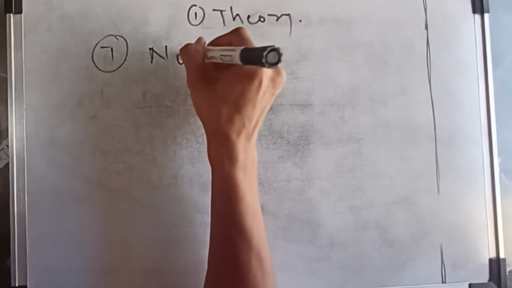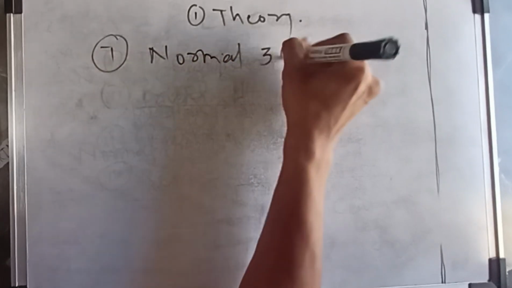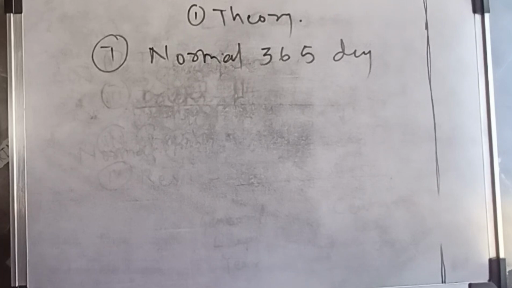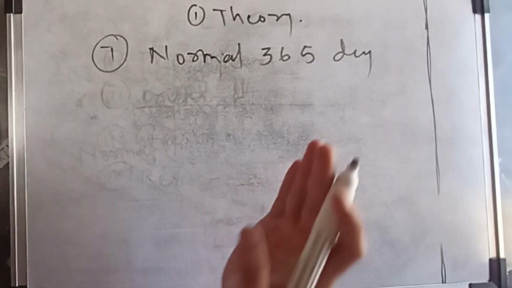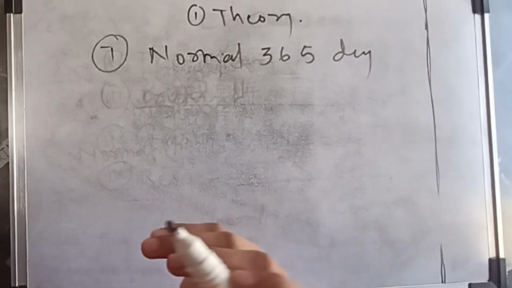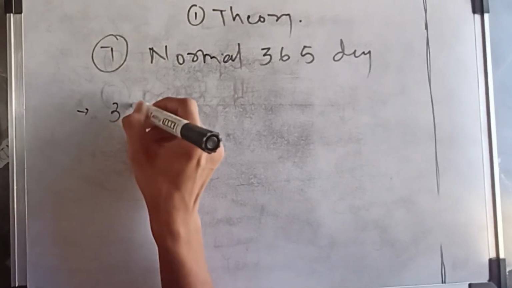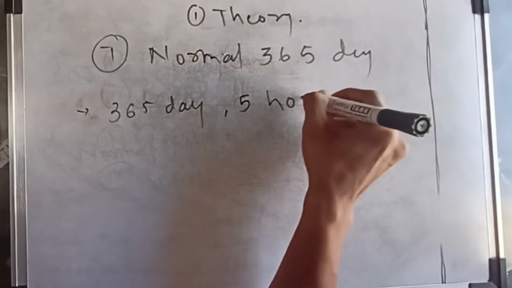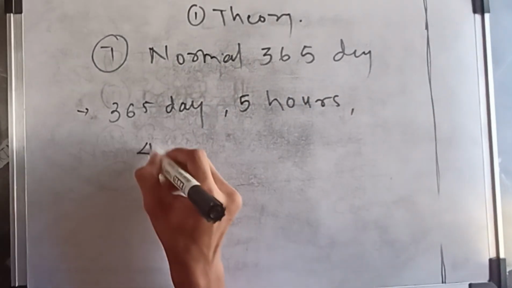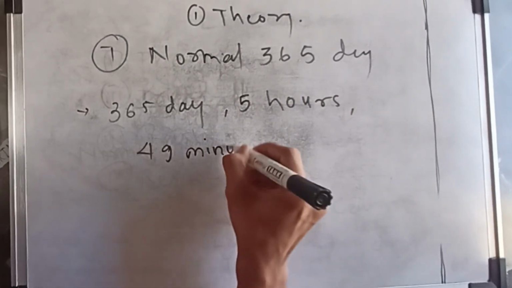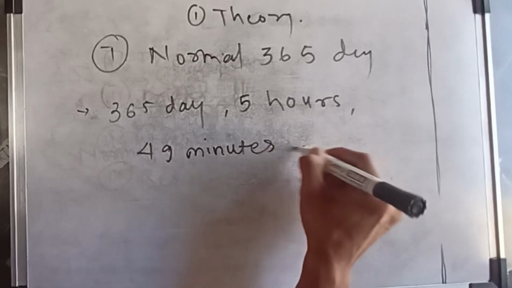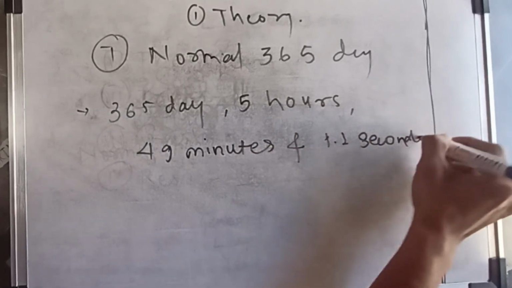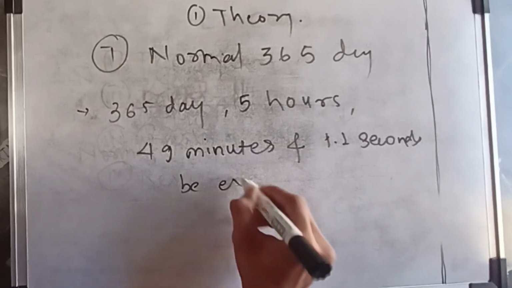A normal year has 365 days. But it is a misconception that there are only 365 days in a year. If we go exact, there are 365 days, 5 hours, 49 minutes and 1.1 seconds to be exact.